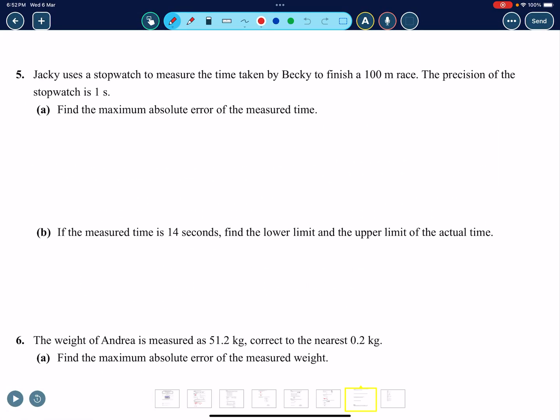A question in your homework probably will be this one over here, number 5. Find the maximum absolute error, or it could be straight up B over here. In a 100-meter race, the precision of the stopwatch is 1 second. Okay, 1 second, 2 seconds, 3 seconds, and so on. So first find the maximum absolute error, or you can directly calculate.